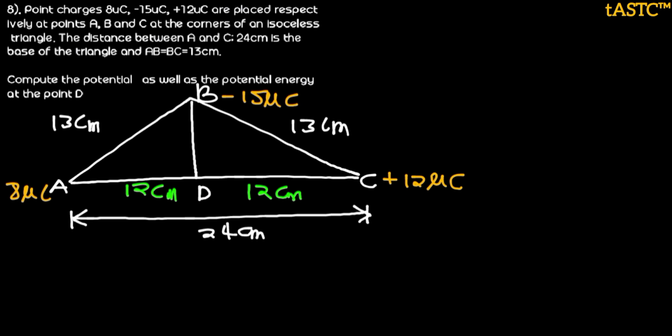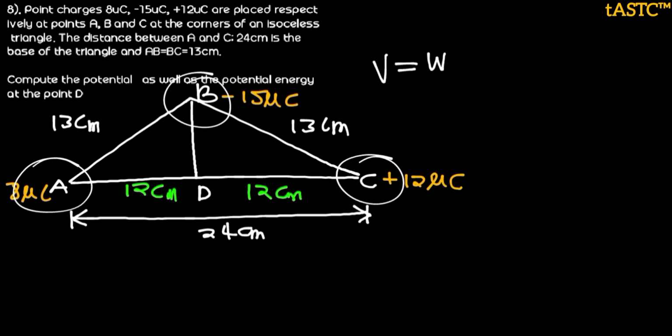So at this point, we need to find it. So you need to know that we need to resolve this. First, we need to find the potential at this point as a result of this, as a result of this, and as a result of this, and add them together. So what is potential? V is basically W divided by Q, which is the same thing as KQ divided by R. Now R is going to stand for the distance.